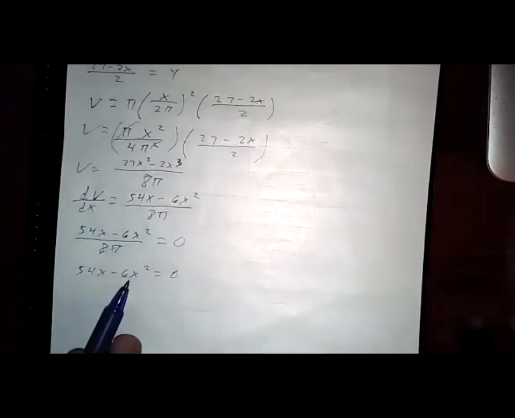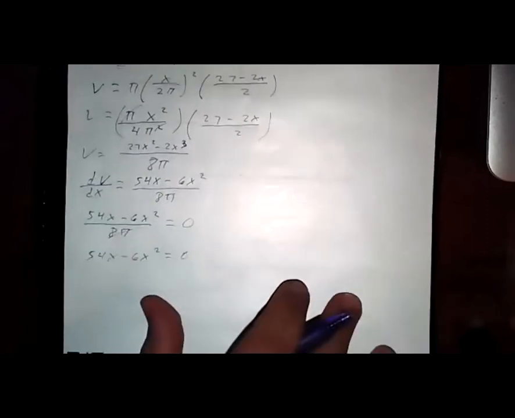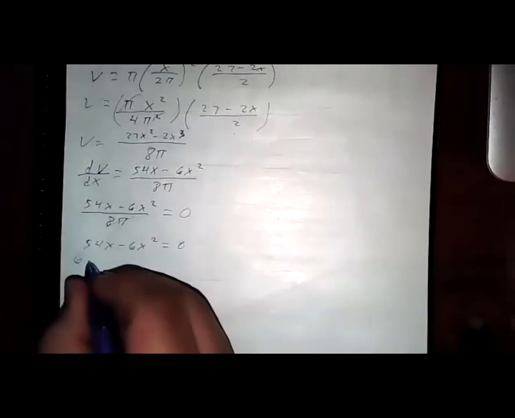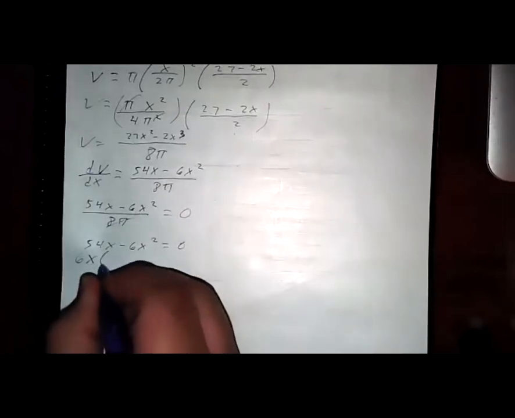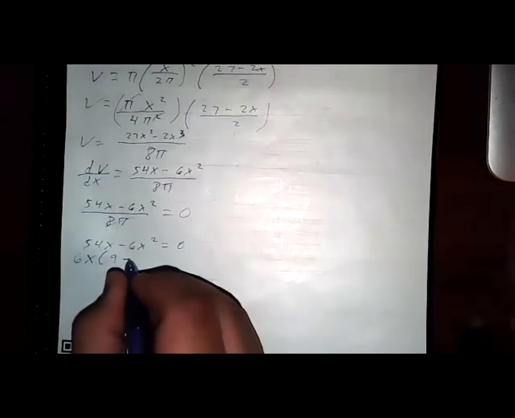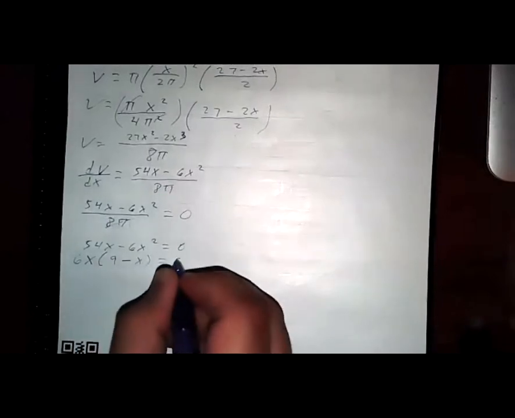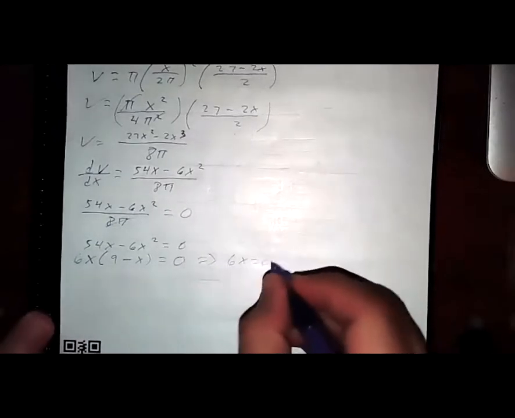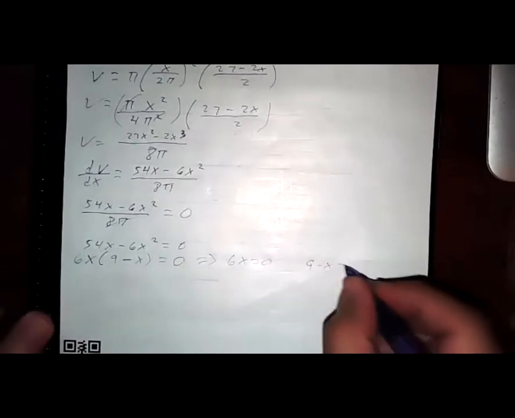So they both have, does 6 go into 54? Yes. It's 9. All right, thanks, man. So there are the critical values. This implies that 6x equals 0 and 9 minus x equals 0.